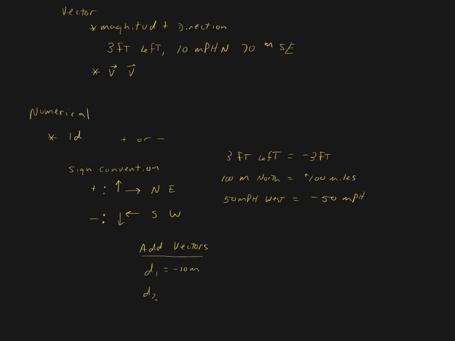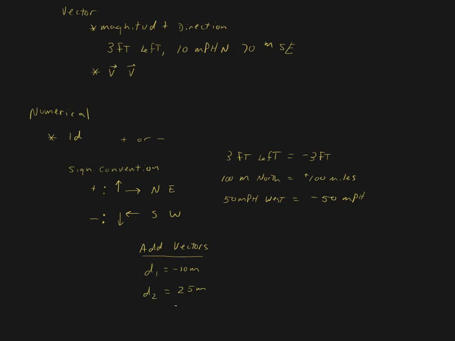Vector 2 is displacement 2, and we'll say that that is 25 meters. Because there's no negative sign, it is assumed to be a positive direction. So that if this were left and right motion, then the 25 meters would be to the right and the minus 10 meters would be to the left.